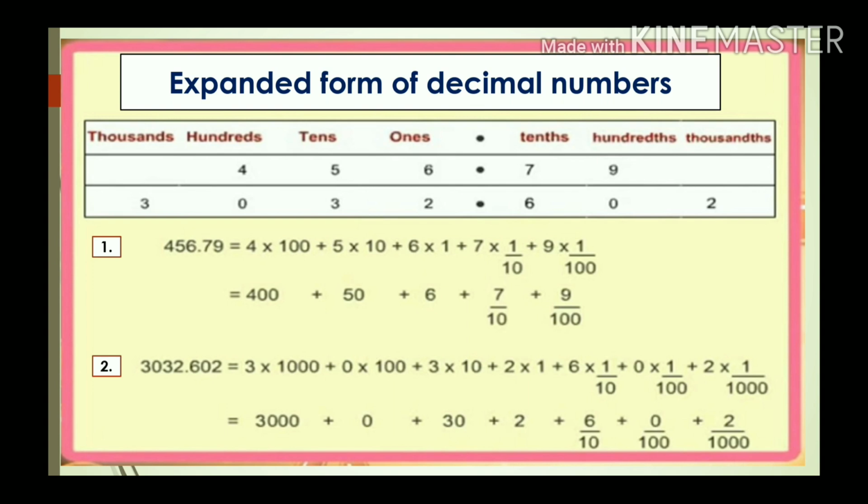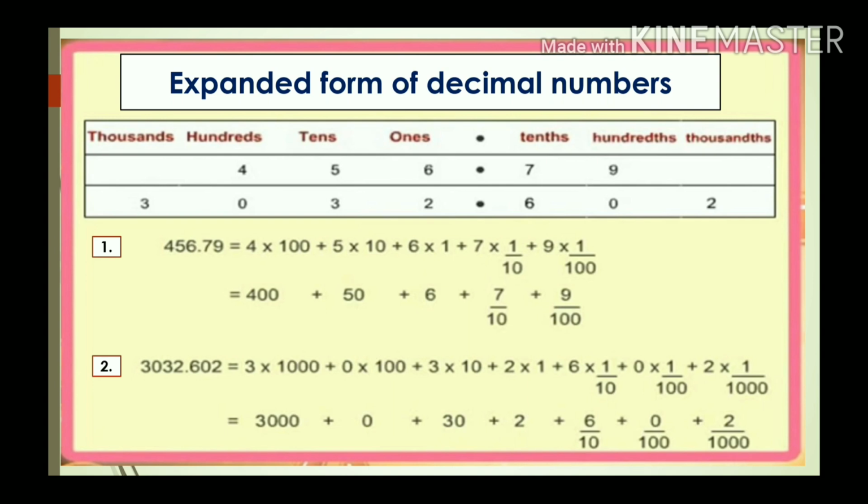Here you can see 4 is in the 100th place, so we have to write 4 into 100 or 400, then plus, 5 is in the tens place, so we'll write 5 multiplied by 10 or 50, and then 6 is in the ones place, so we'll write 6 multiplied by 1 or 6, then plus, 7 is in the tenth place, so we have to write 7 multiplied by 1 by 10, because tenth means 1 by 10, and then plus 9 is in the hundredths place, so we'll write 9 multiplied by 1 by 100.